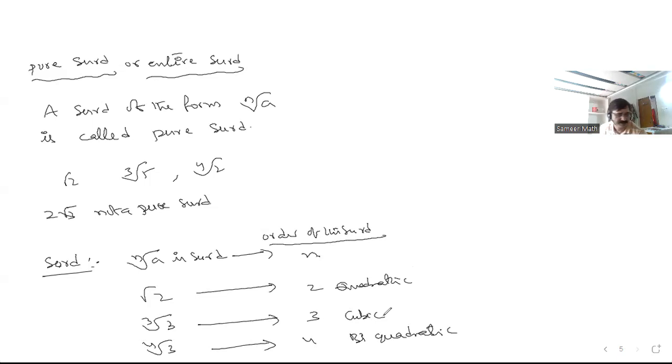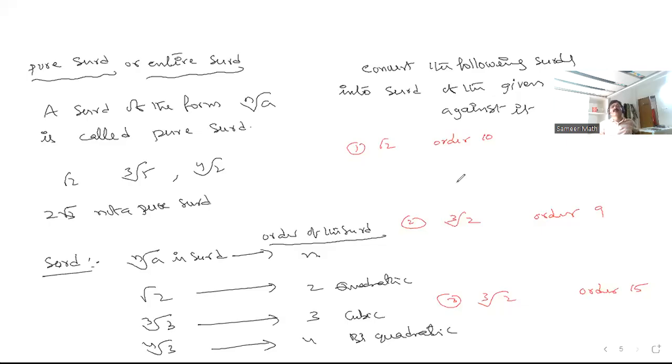Now we'll do some questions. Convert the following surd into a surd of the given order. Root 2 is given. What is the order of this surd? 2. But I have to convert this quadratic surd to a surd of order 10.